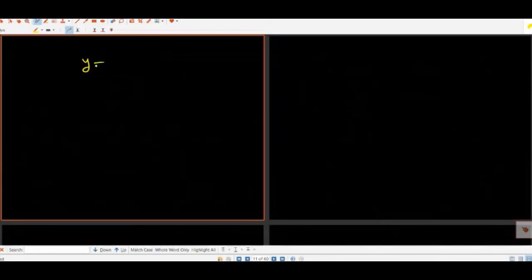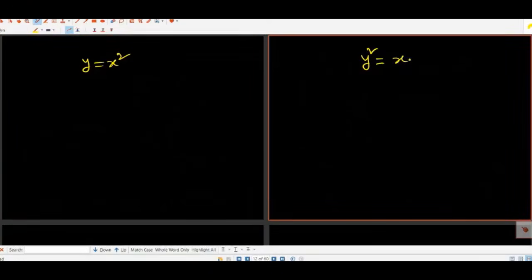Let me give you two examples. Let's say we have y equal to x squared and we have y squared equal to x. We want to understand which one of these two examples is a function. So we have to determine whether y equal to x squared and y squared equal to x are functions or not.